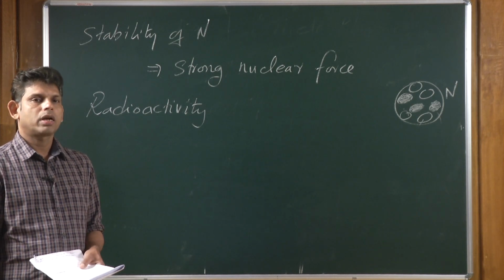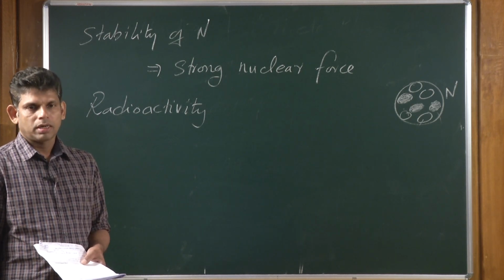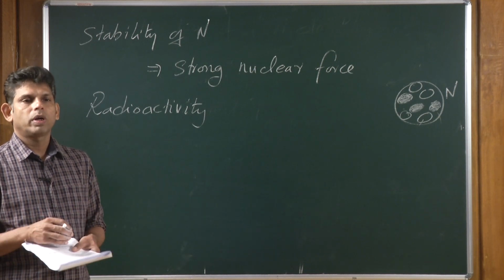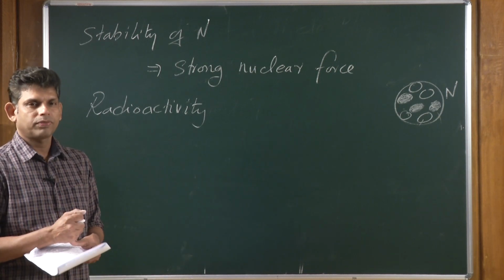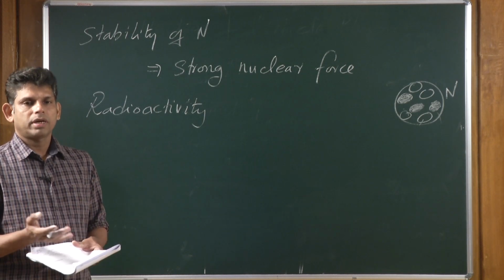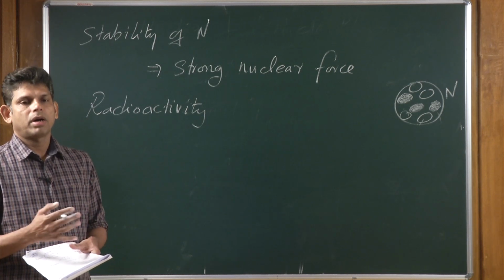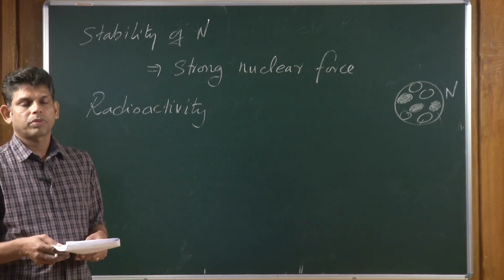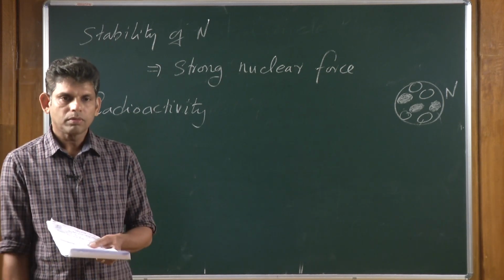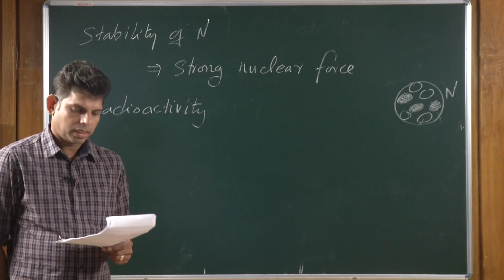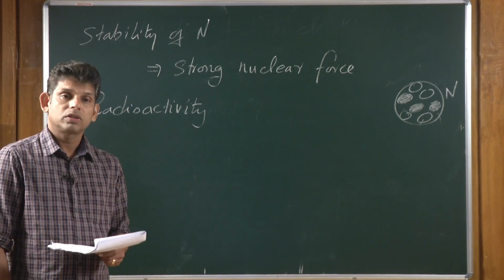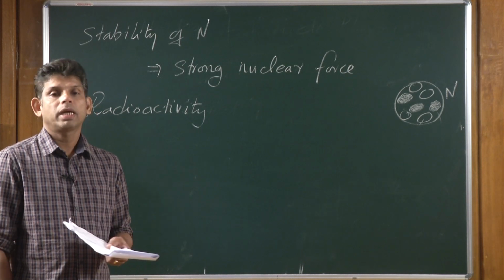Some nuclei are not stable, they disintegrate, they split, emit certain rays, radiations, alpha particle, alpha radiation is one of those, beta and gamma, these are the normal radioactive emissions.